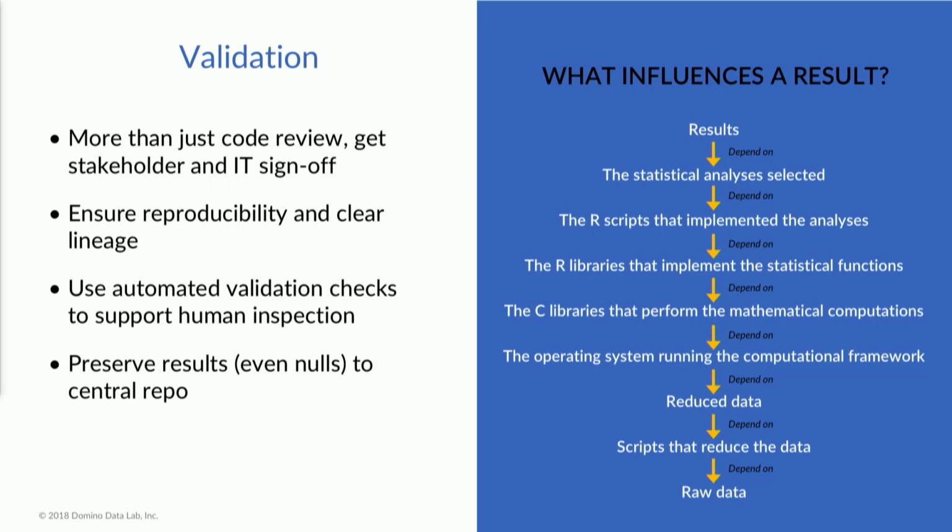Validation. Jacob talked on this, and Jacob is a much deeper expert on this than I ever could be, so I'm not going to go into it in too much detail. But what you think about here is how can somebody make sure that the way you built your model and the way that it's working is robust. The chart on the right, this chain of dependencies, I borrowed from one of our leading customers.